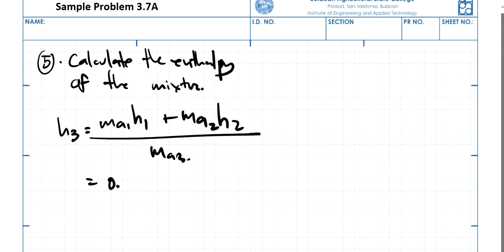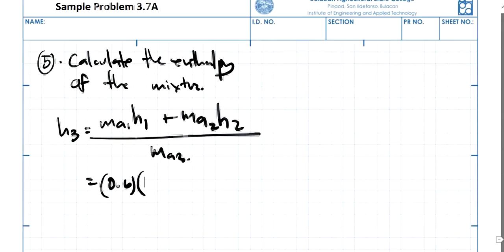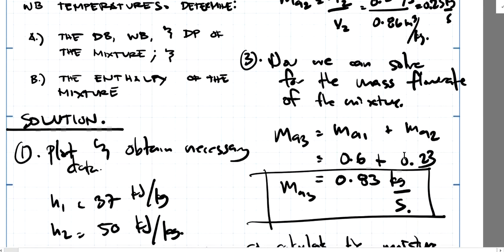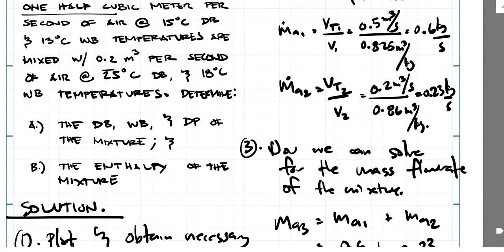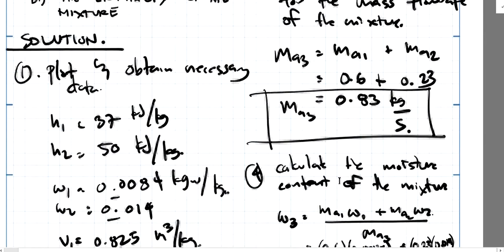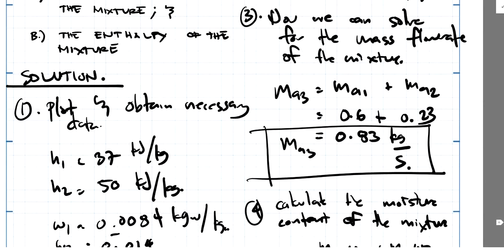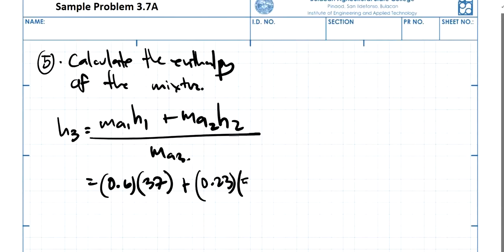This is 0.6 times H1, and H1 is 37, plus MA2, 0.23, times 50, divided by 0.83.